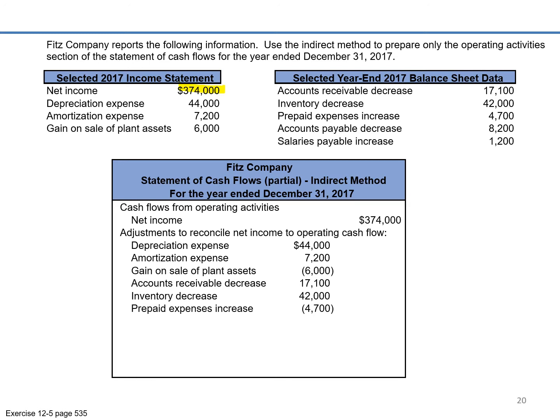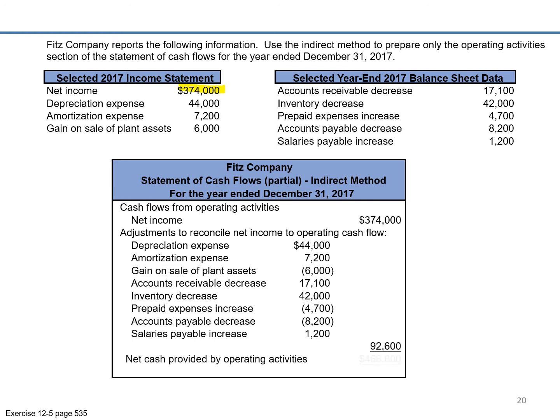Accounts payable and salaries payable. Accounts payable decreases. So liabilities go the same direction. That's going to be a subtraction. And then salary payable increase goes the same direction, so that's going to be a cash increase. Add them all up. We have net cash provided by operating activities of $466,600.